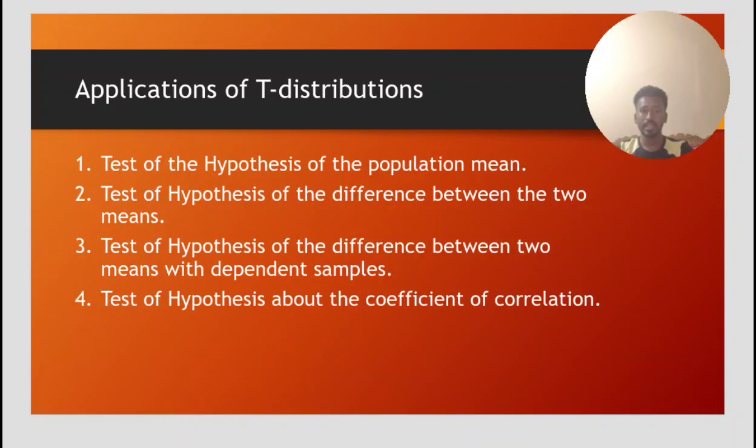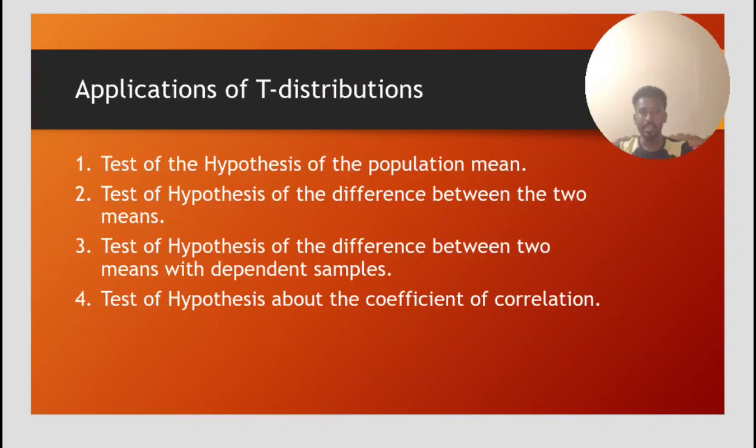In this case, the t-test distribution can be calculated in two different ways, such as variance equal and variance unequal. Third is test of hypothesis of the difference between two means with dependent samples. And fourth point is test of hypothesis about the coefficient of correlation.